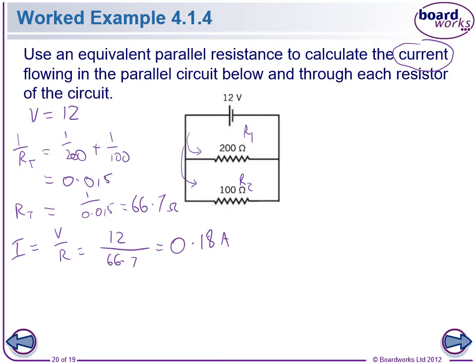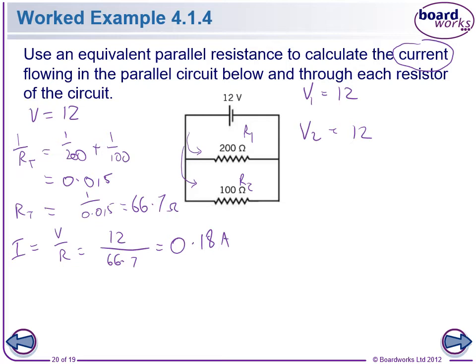Remember, in a parallel circuit, the voltage drop across each branch is exactly the same. So the voltage going through R1 is going to be 12 volts, and the voltage going through R2 is also going to be 12 volts. Remember we spoke about that when we looked at the voltage in a parallel circuit.